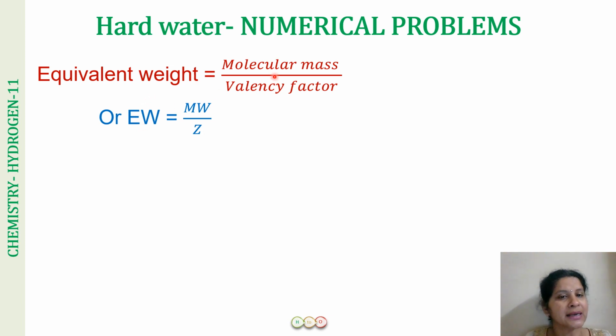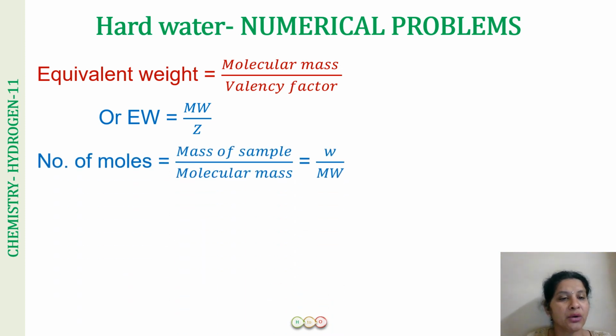The molecular mass as MW, that is the molecular weight, divided by the valency factor, that is Z. Generally, we represent the molecular mass as capital M only, but I have put it here as MW just to differentiate it from the equivalent weight that we will represent as EW. So the way you want to write it is your choice. I do not say that you have to write it this way only.